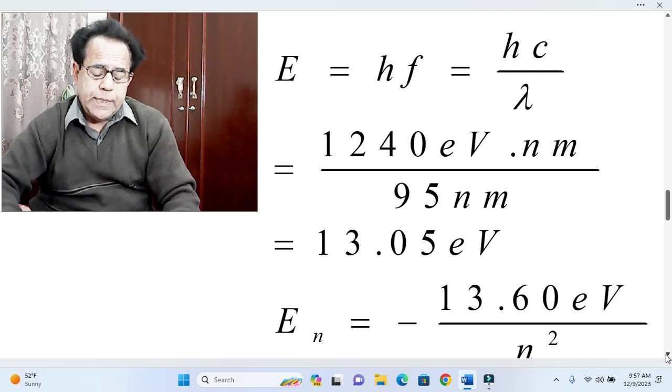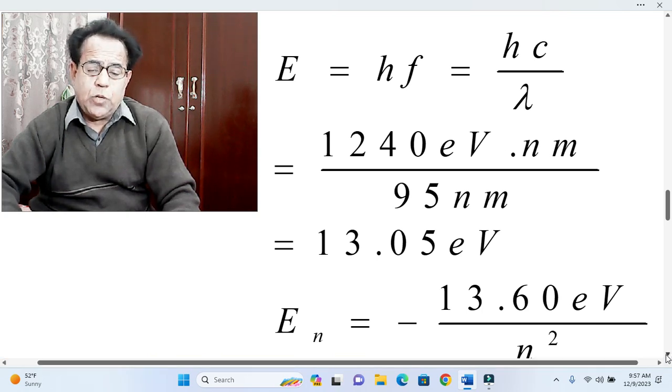Okay, the first snapshot in which energy of a photon was discussed, this expression was given.